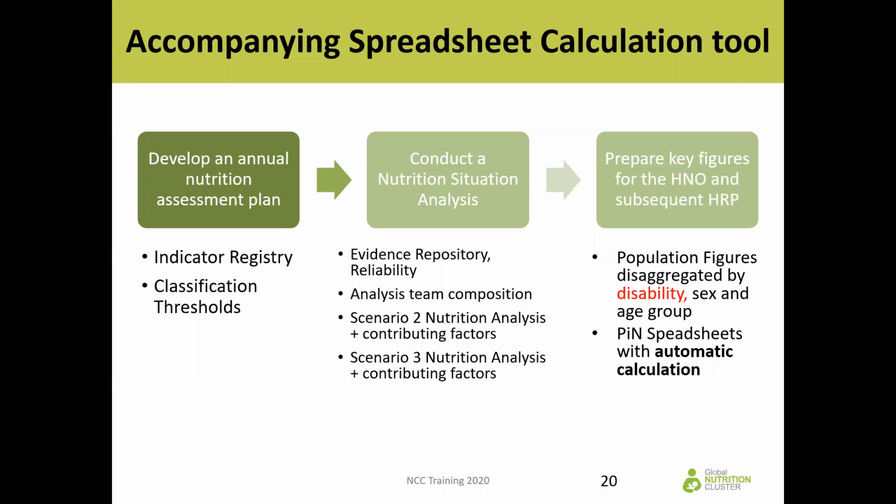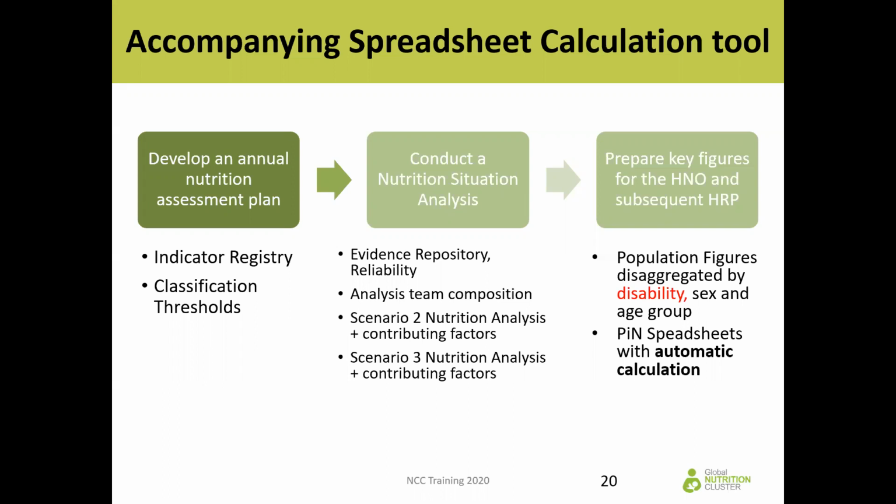Of course, for IPC acute malnutrition, although the nutrition situation analysis will be led by the IPC colleagues, the preparation of the key figures can also be done using this tool for the IPC analysis.